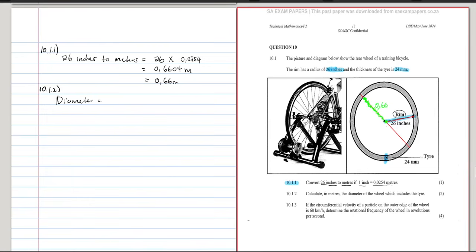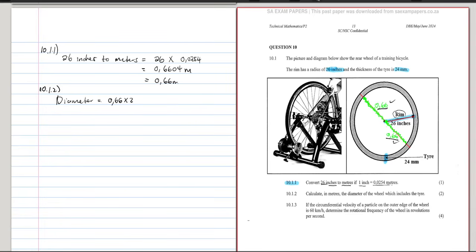From the center again all the way through to the other end, it's 0.66 as well. So it is safe to say 0.66, we multiply that by 2, so this and this, or you can just say 0.66 plus 0.66, but I'm just going to multiply by 2.